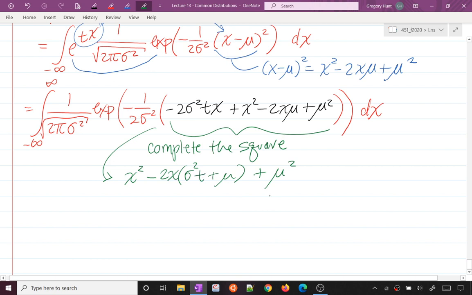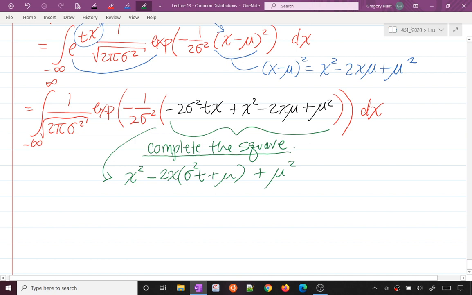Now this almost looks like a perfect squared-out term, because it's like x squared and mu squared. What we'd really like to do is write it as some kind of square.